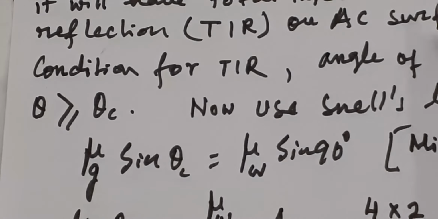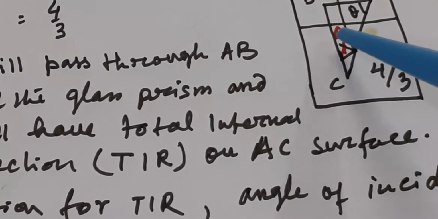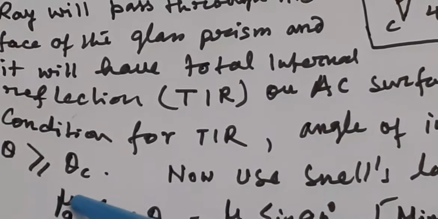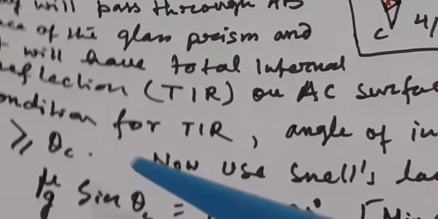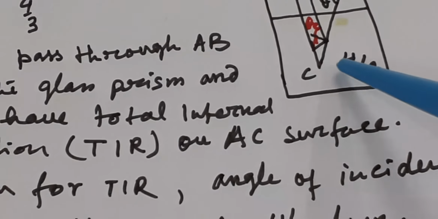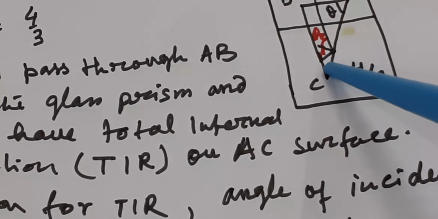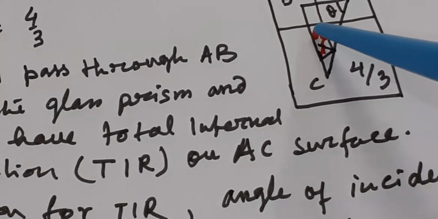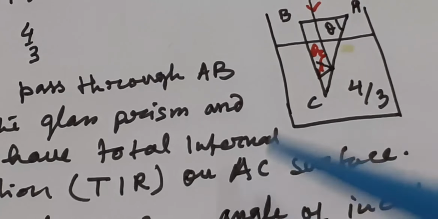Now where is the light coming from? For internal reflection, light is coming from glass: mu glass into sine of theta c, the angle of incidence we have taken as the minimum requirement, will be equal to mu water, because thereafter water is here, into sine of the grazing angle. Even if it grazes the AC surface, internal reflection takes place.